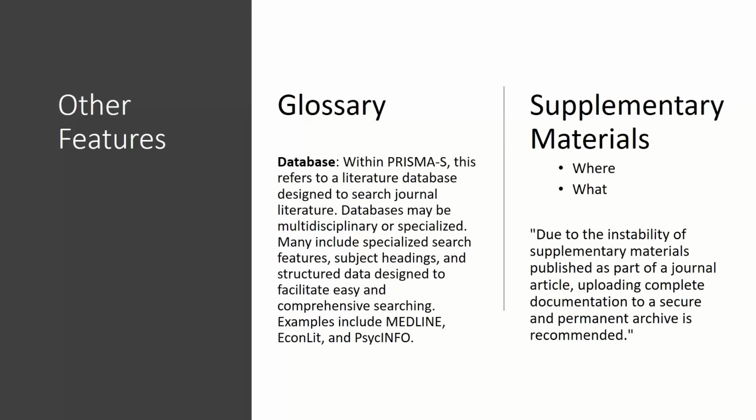But we've found that you really can't rely on the journals themselves to maintain the links to their supplementary materials in perpetuity. And so we strongly recommend that instead of relying on journals to publish your literature searches and documentation, you actually use a repository of some sort to make sure that you have control over that documentation.